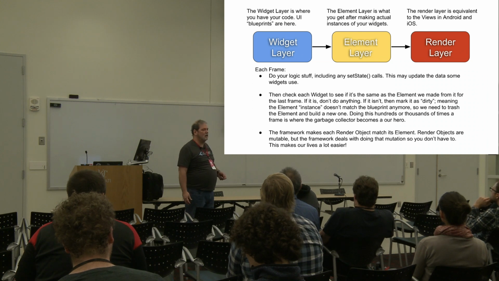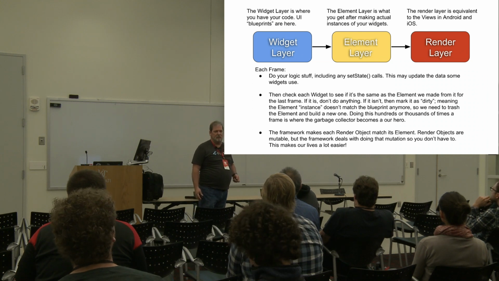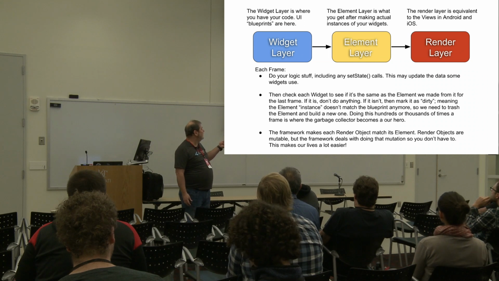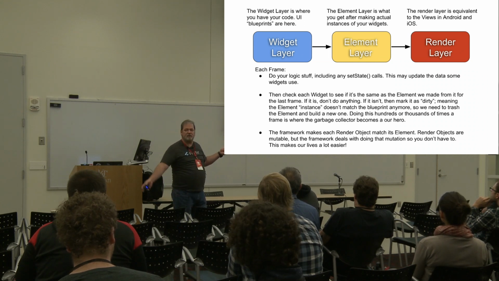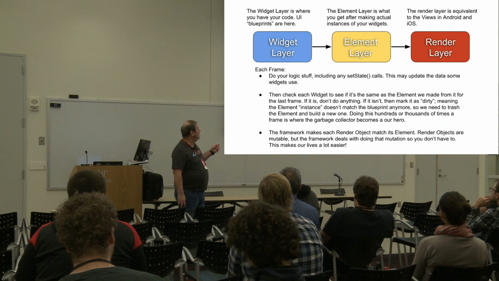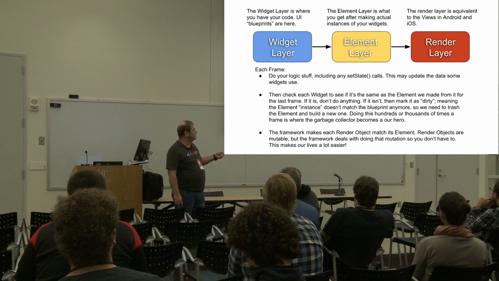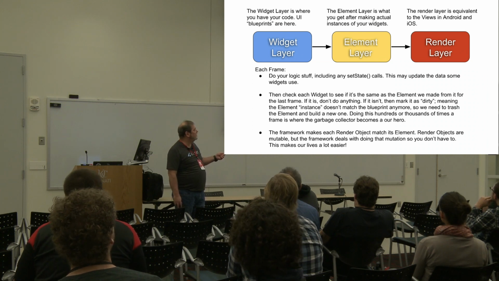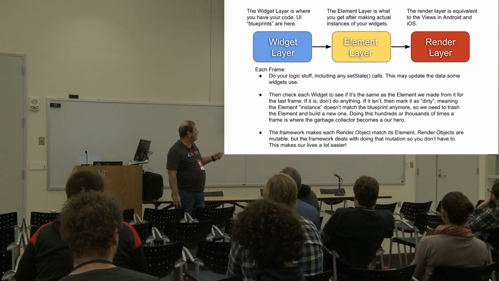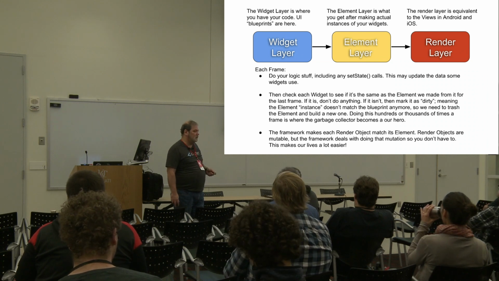Think of that as the model home in the development. This is the blueprint. This is the sales model. It's still not rendered to the screen yet. What they do is they make sure that the element matches the blueprint, and then they render it to the screen. The render layer is what is equivalent to the views in Android and iOS. They don't even have a lot of this other stuff.